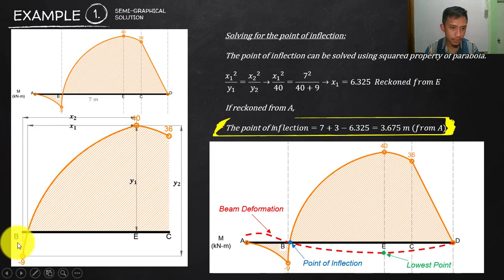If I try to indicate here, let's say this is your first point here, that distance up to this maximum, let's say that is x2, horizontal, and vertical is y2.